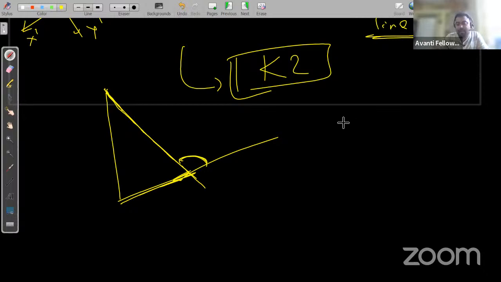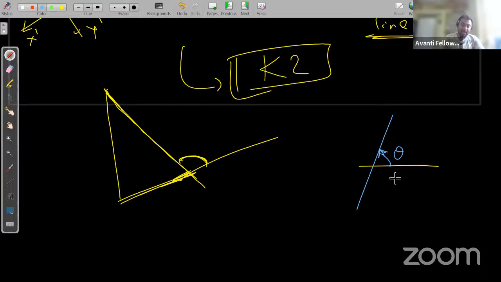Slope means the angle made by the line. Suppose this is my line L, the angle made by the line with the positive x-axis in anti-clockwise direction.